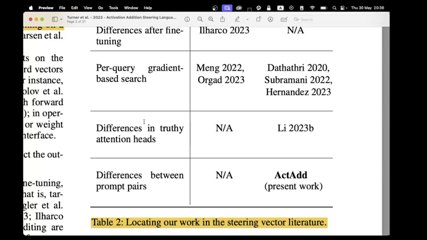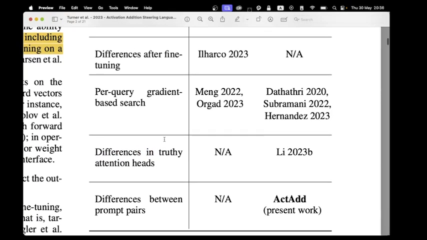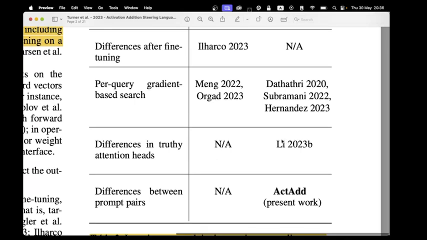Then again, I'm not sure what a truthy attention head actually is. What they do is they introduce a metric on some attention heads and use that, and we just take the difference between activations at a given layer.